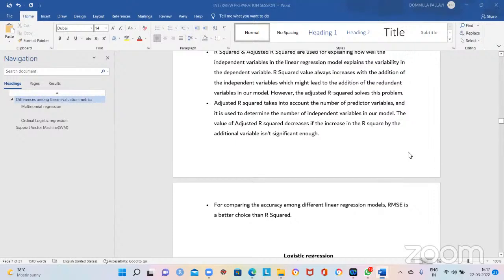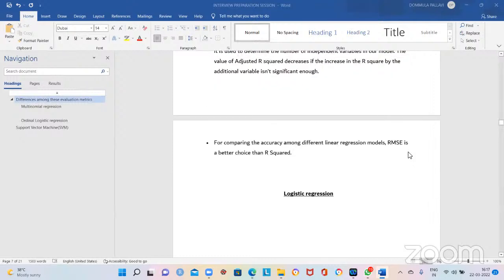One more point we can discuss here: for comparing the accuracy among different linear regression models, RMSE is a better choice than R squared. So, coming to the next, what is logistic regression?